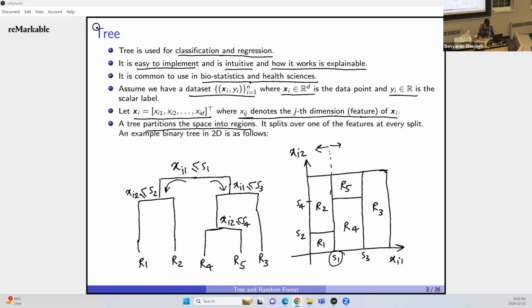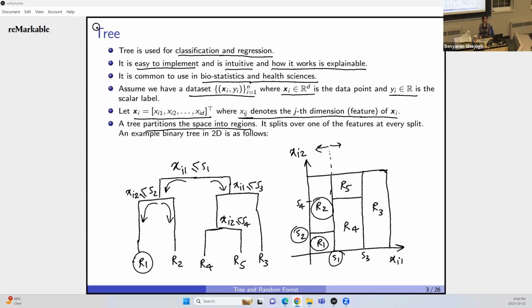Then again, I have a sub-region. I can partition this sub-region into sub-regions as well. So how? Now I can ask whether xi2 is less than or equal to S2 or not. If yes, come here, otherwise go there. So xi2 and S2: either I'm less than S2 and I come here, region 1, or I'm greater than S2 and I'm here, region 2, right?